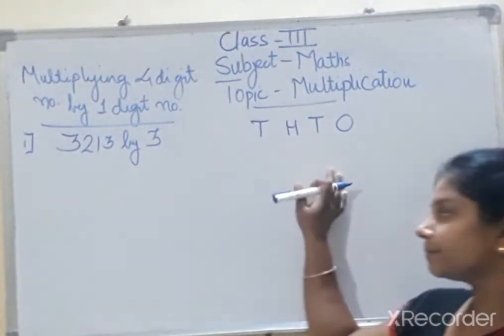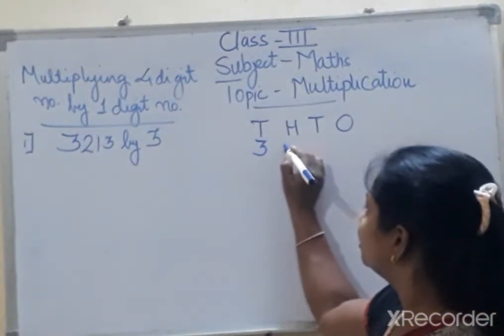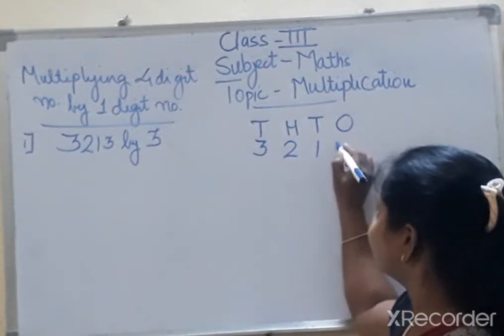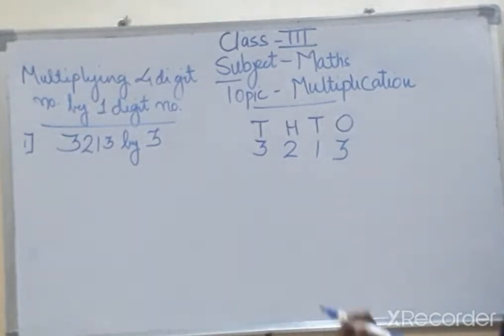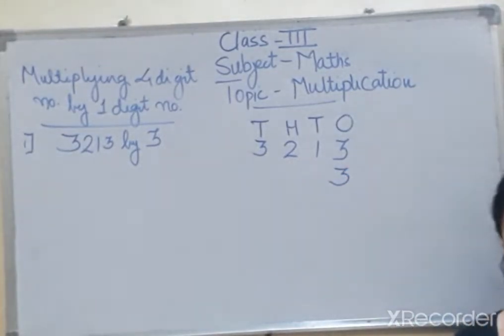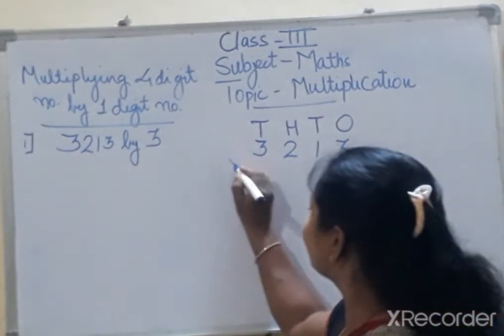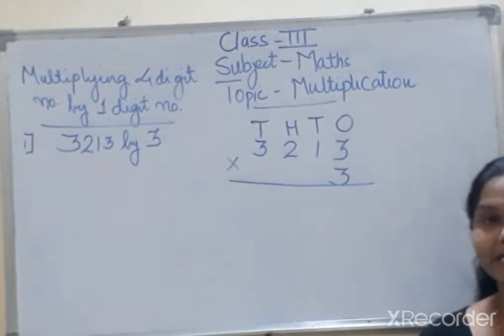Make the columns. Then write down the number 3213. Yes, and the number that you are going to multiply will be written in the ones column as it is a 1-digit number. Give the multiplication sign and start multiplying.